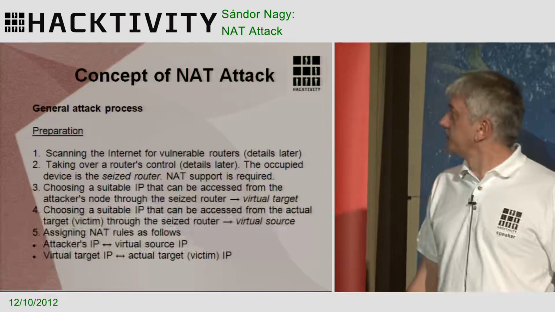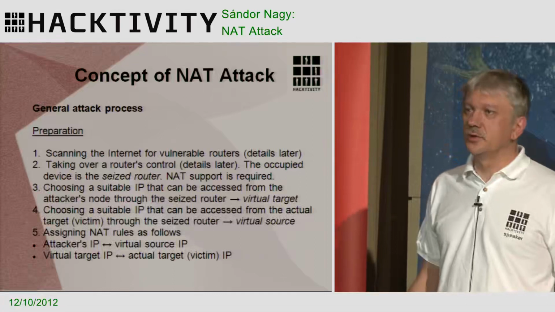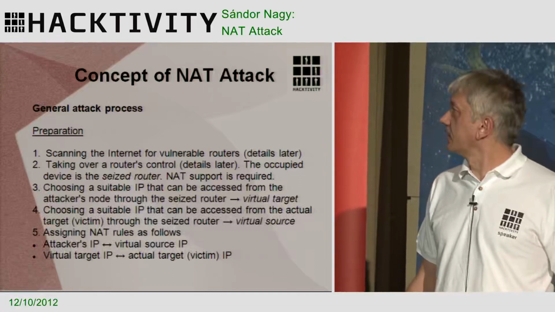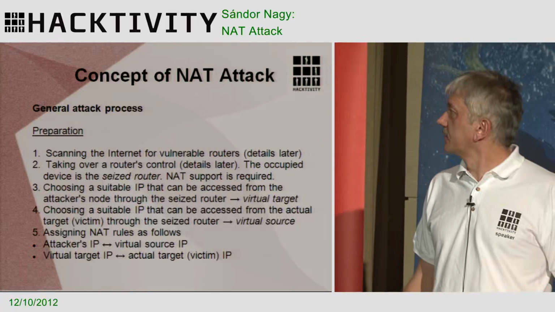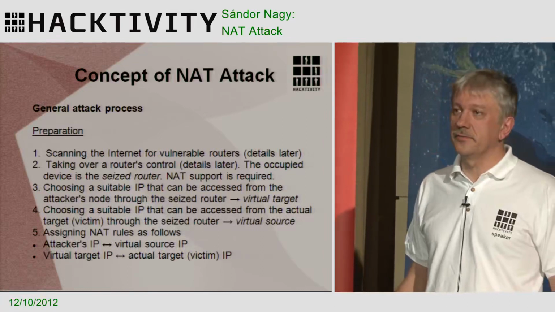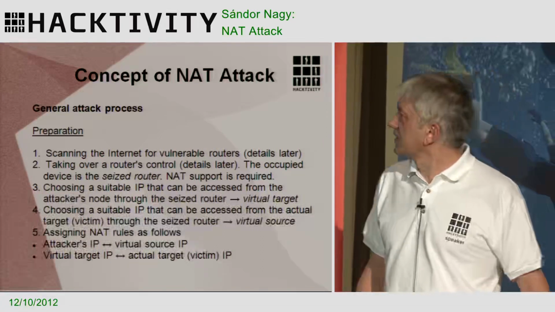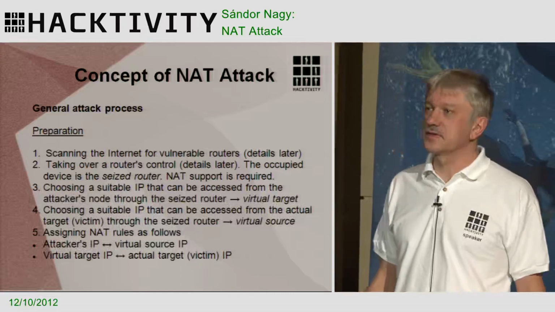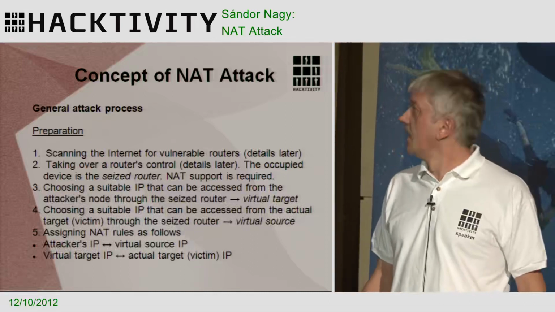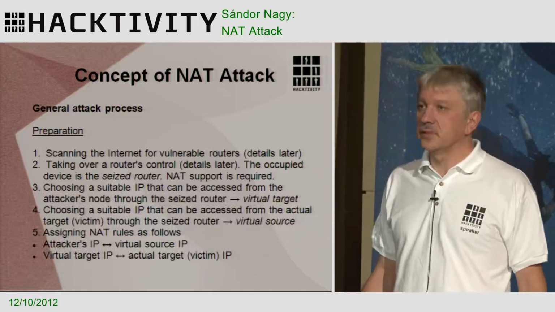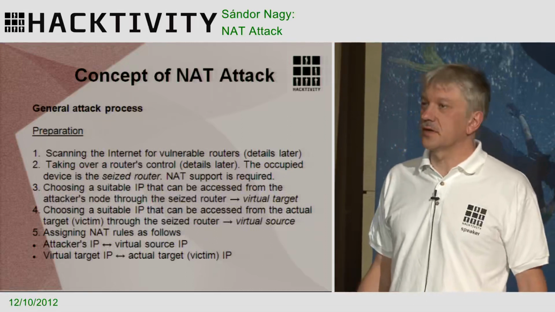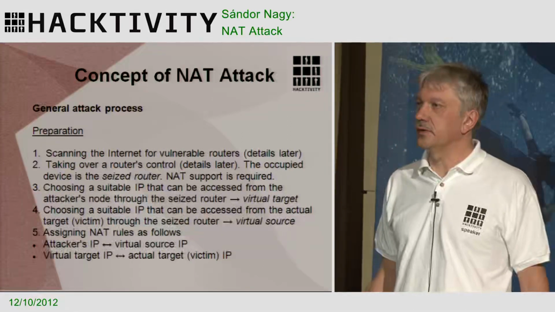And if a vulnerable router is found, the attacker tries to take over the router's control. And from the attack's perspective, we assume that he succeeds, and the control is in the attacker's hands from this point.